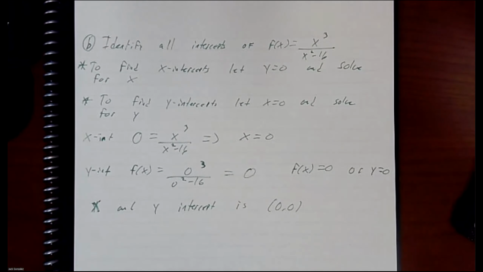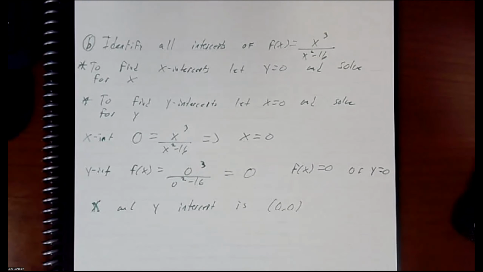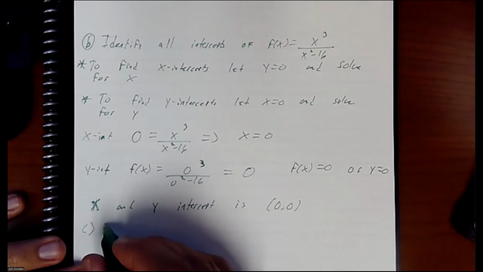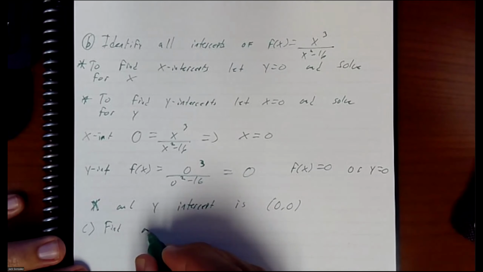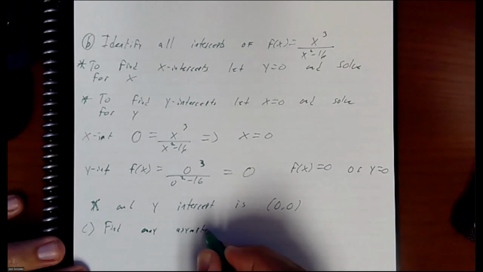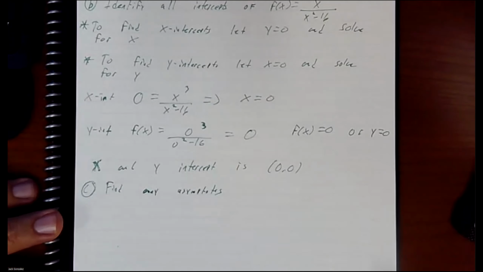This is part B. Part C asks for any types of asymptotes. Well, the vertical we kind of already found.